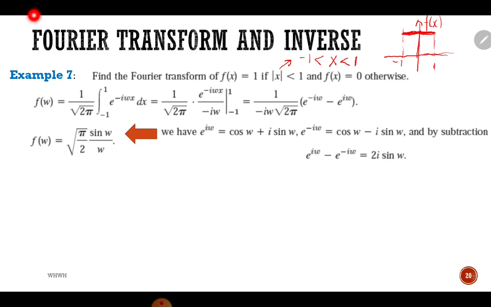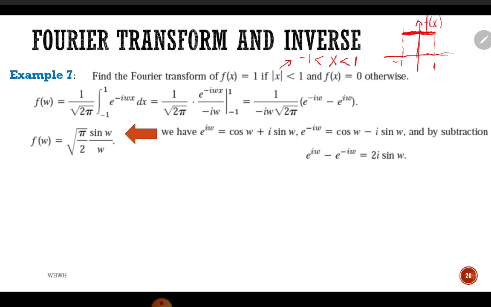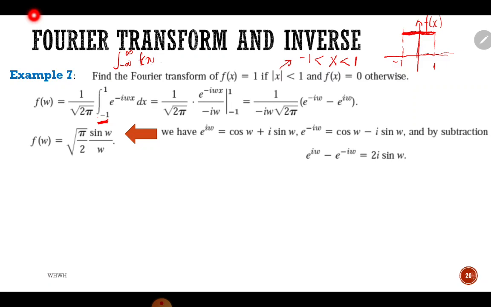So remember just now the formula for the Fourier transform, the general formula is 1 over square root 2 pi, integral from negative infinity to infinity. But since the interval here is from negative 1 to 1 only, the integration range is from negative 1 to 1. The standard formula is f(x) e to the power of negative i omega x dx, right?